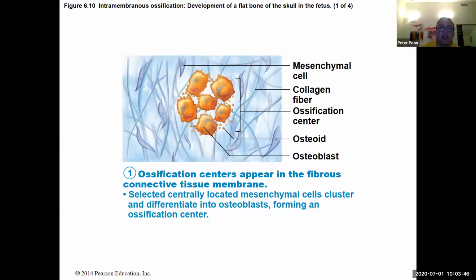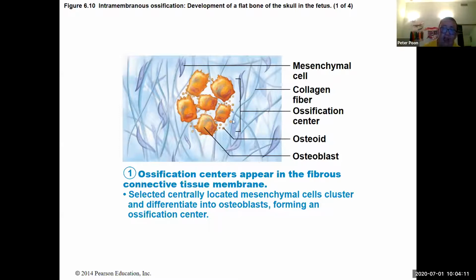This is intramembranous ossification, the development of flat bone in the skull of the fetus. Generally skull bones are intramembranous ossification, and all the other ones are endochondral ossification. There's already a membrane there that surrounds where the head should be.